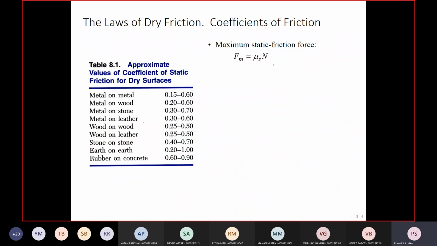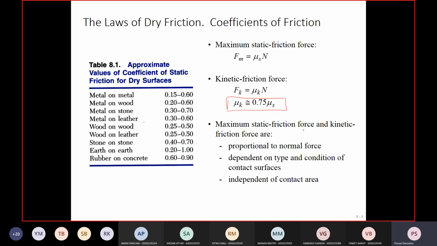So the maximum frictional force Fm is equal to mu static into N, and the kinetic friction Fk is equal to mu k into N. By thumb rule, generally this mu kinetic is 0.75 times mu static. So the maximum static friction force and kinetic friction force are proportional to the normal force.